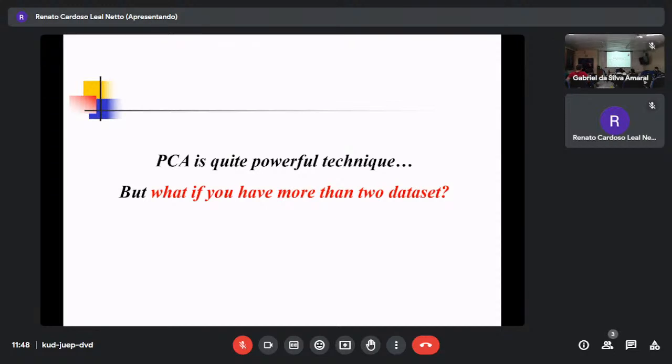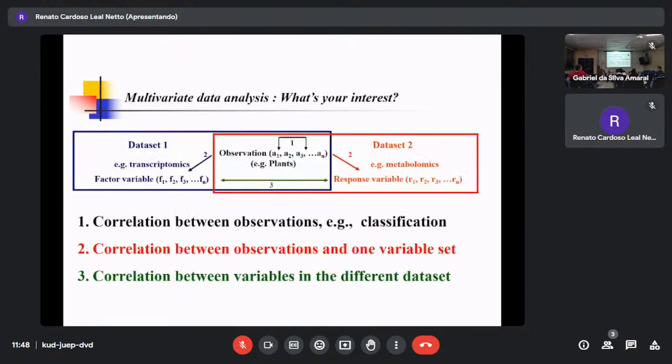I asked my daughter to separate by nationality. In this case, with multivariate data analysis, what's your interest? The observation. Now you measure here. So metabolomic is the response variable, and transcriptomic here. For example, now I measure transcriptomic data and metabolomic data.